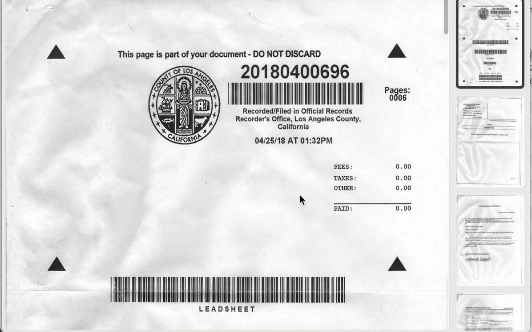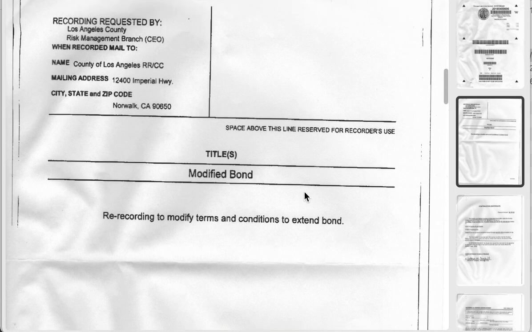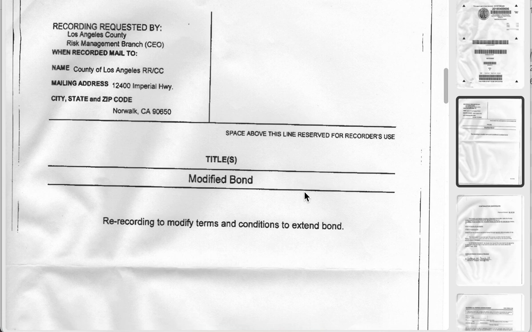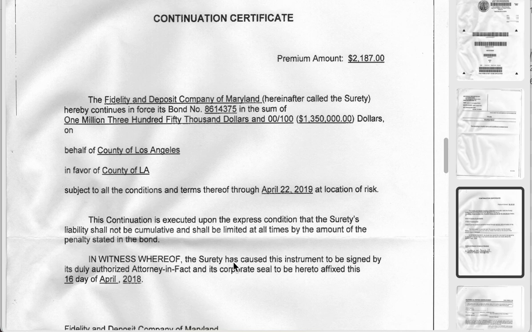Numerous people have been told that LA County doesn't have any surety bond or things of the such, and nobody can find it, and they absolutely do, because you see it right here on the screen, right? It says it. Where does it say what this document is? Modified bond. Requested by LA County. Name, County of Los Angeles. So this is the County of Los Angeles' bond.